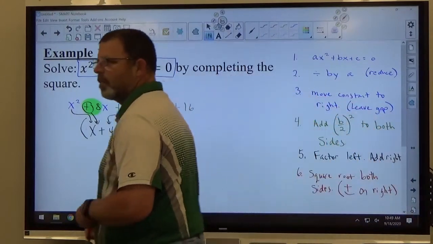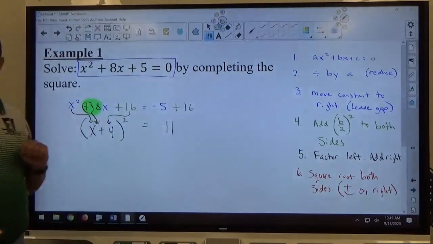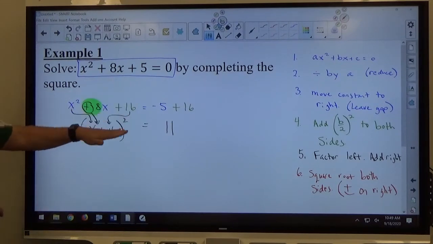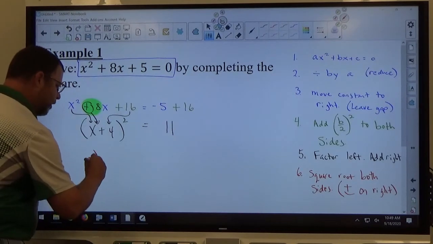Did I say 6 steps? I meant 7. I usually don't throw that in as a step, that number 2. So, square rooting a perfect square gets rid of the square. So the effect of square rooting the left-hand side, I have a parentheses squared, is the squared goes away.